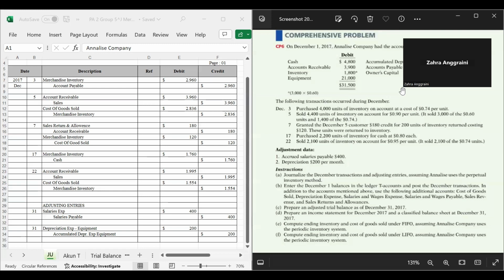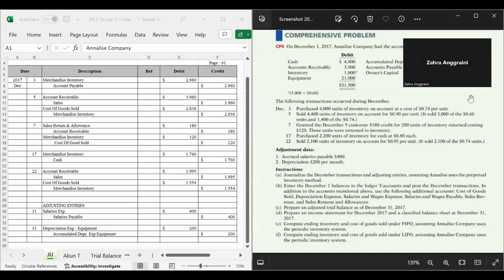So we will record it twice in the journal. First, we will journal the sales transaction with accounts receivable in debit and sales in credit for $1,995. Secondly, we must journalize the cost of goods sold with cost of goods sold in debit and merchandise inventory in credit for $1,550.